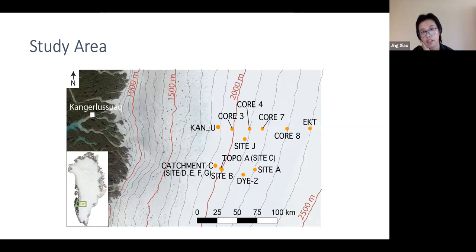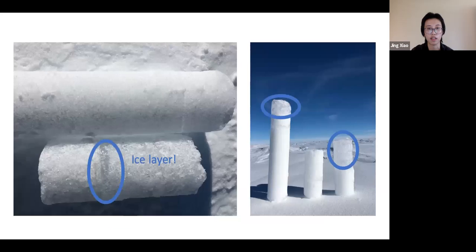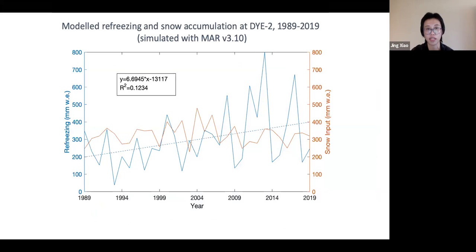For example, there are some local features, like the catchment C, the SETI FG here, is not only at lower elevation, but also the topography there is kind of a low point compared to the others as a catchment. So this definitely is one of the reasons why there is so much ice there.